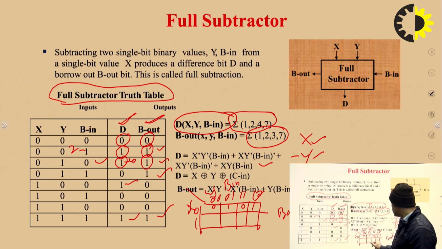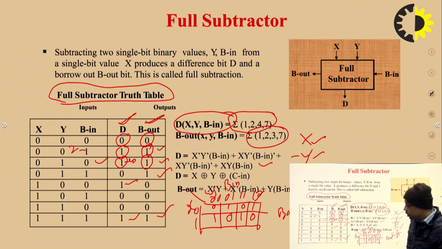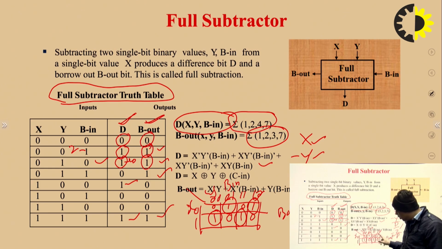This is 3 is equal to 0, 4, there is no 5, there is no 6, and there is 1, 7 over here. If we see in this K-map, there is no possibility of any higher group like a pair or a quad or any other higher group. We can make only single groups like this.